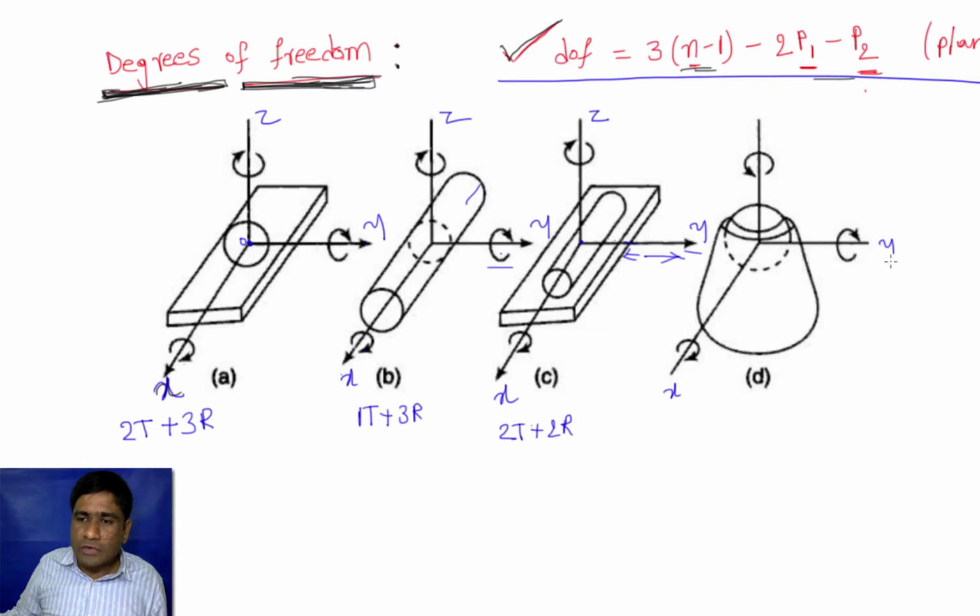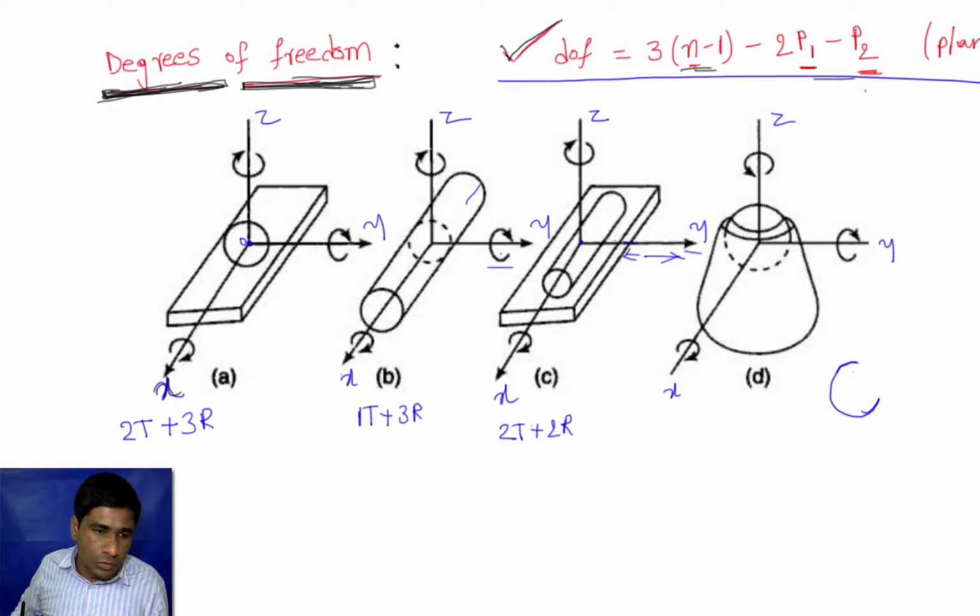And here in this case, this is the sphere, and the sphere is locked inside a groove. For example, this is a groove, this is in 2D, but you imagine it in 3D.